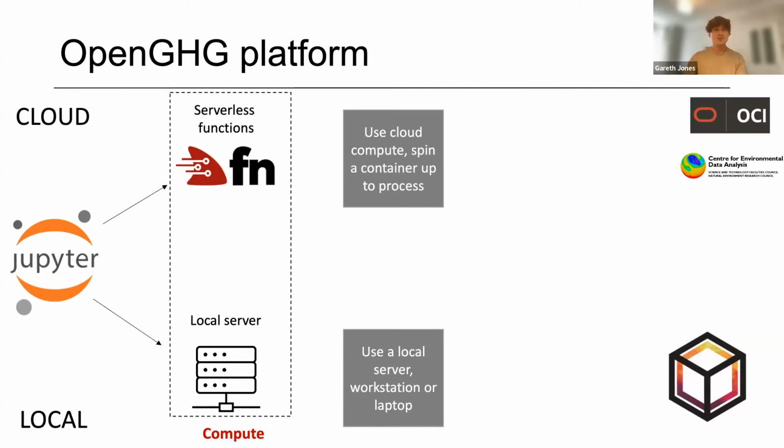Behind the scenes, OpenGHG will just work out the environment it's running in. If it's in the cloud, say on our OpenGHG Hub, which is a JupyterHub instance, it will go to the cloud serverless functions and ask them to perform some action. Or if it's run locally, it'll just be your computer or workstation performing that compute.